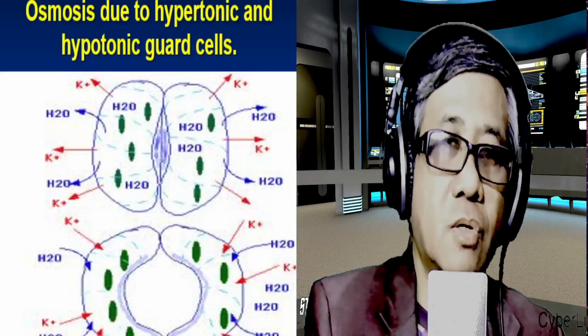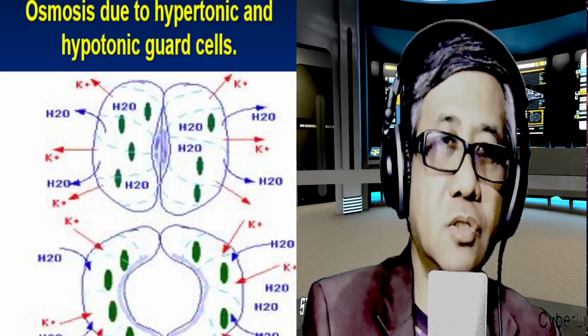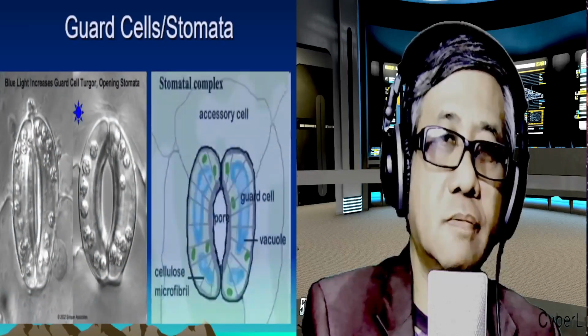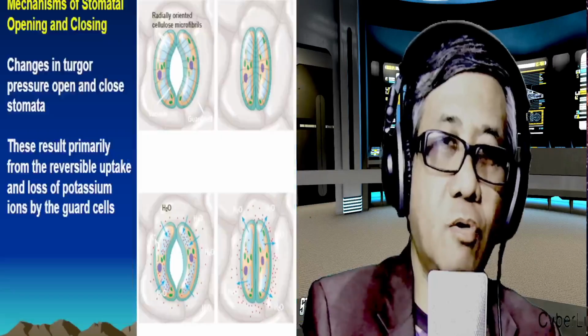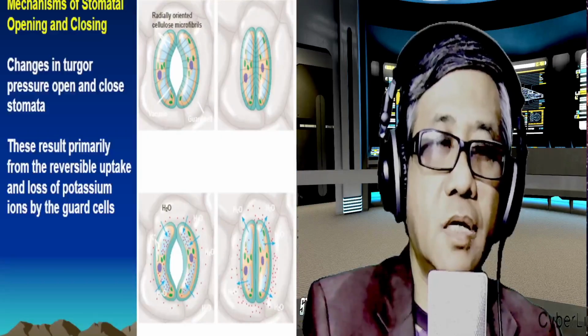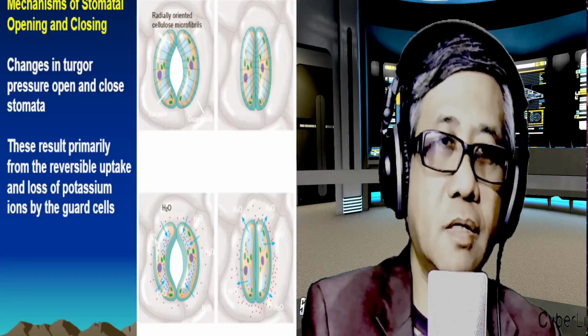Alright? So again, that is osmosis due to hypertonic and hypotonic conditions of the guard cells with the entry and exit of potassium ions. So that's how the stomata opens and closes. Changes in turgor pressure open and close the stomata.